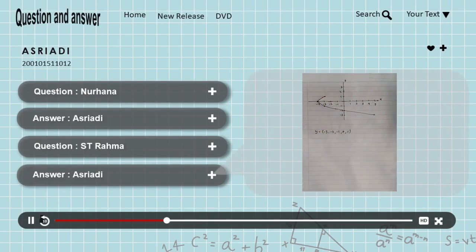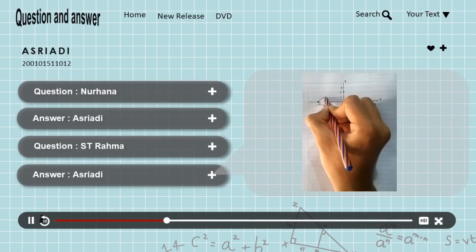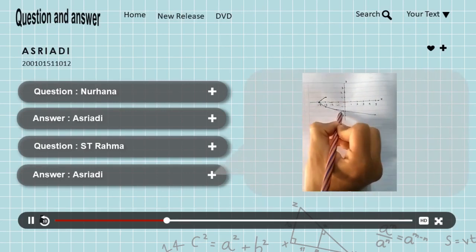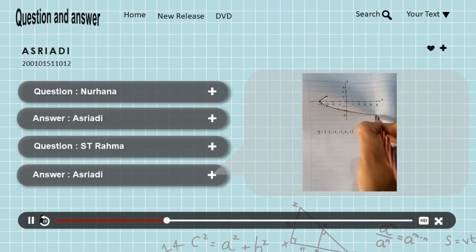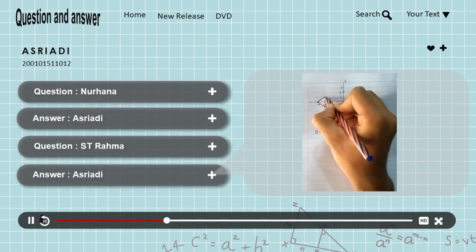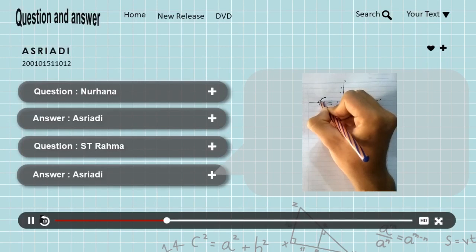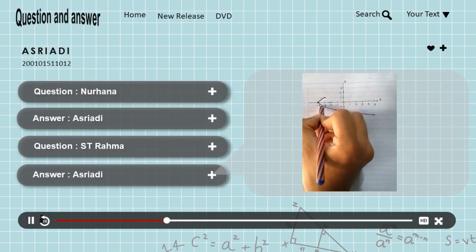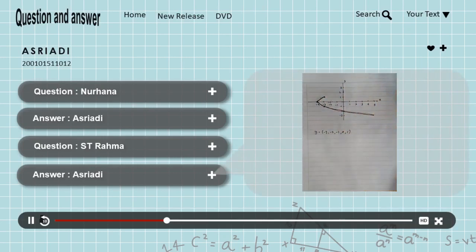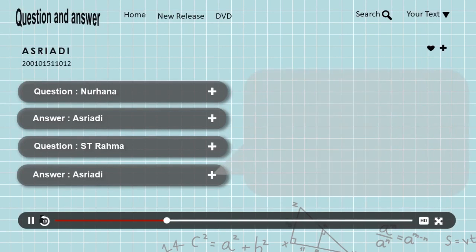Asymmetry, because for this section the line is not the same as this section line. It's not the same. When it says symmetry, this part must be the same as this part and this part, so the conclusion is asymmetrical. Thank you very much.